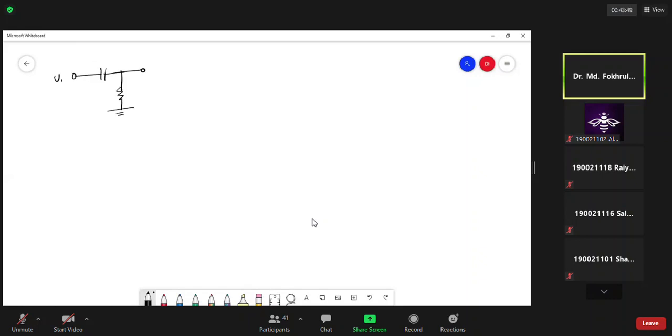It was VI and B input. And another circuit was just a replica of this one, R, C.